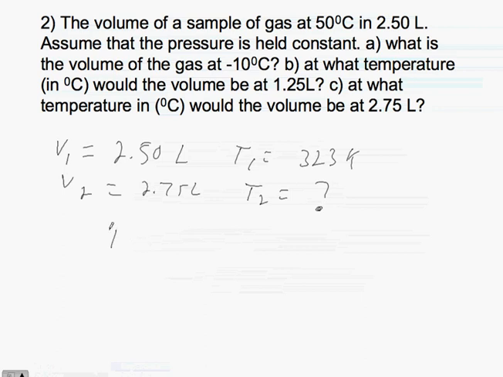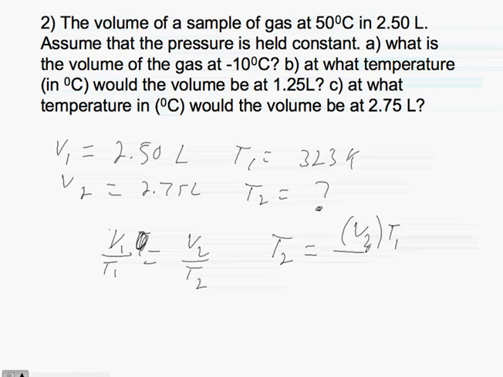If we set up our equation, V1 over T1 is equal to V2 over T2. Solving for T2, we have T2 equal to V2 times T1 divided by V1.